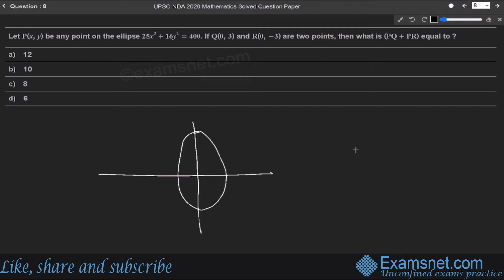Let this be the ellipse, this will be O, which is the origin, here let there be Q and let this be R. This is the x-axis and this is the y-axis.